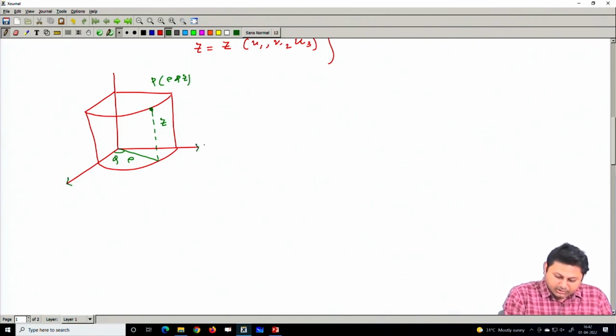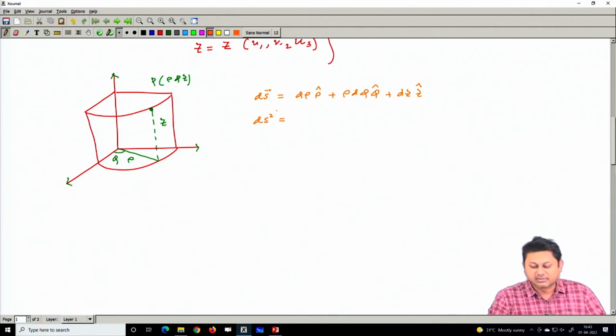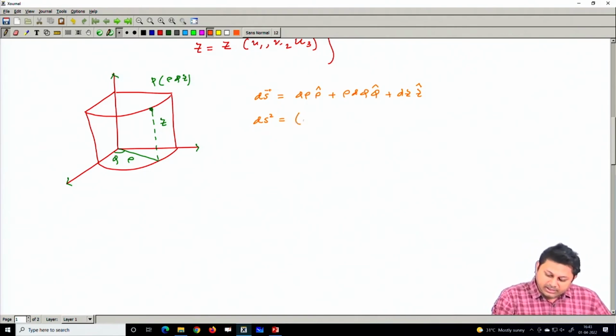And the distance element I can write simply as ds is d rho in the rho direction plus rho d phi in the phi direction plus dz in the z direction. Similarly, if I calculate the square of this quantity by making a dot product with the same thing, you find that it should be d rho square plus rho square d phi square plus dz square.